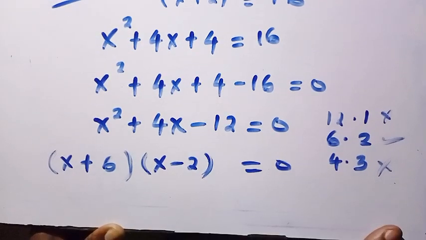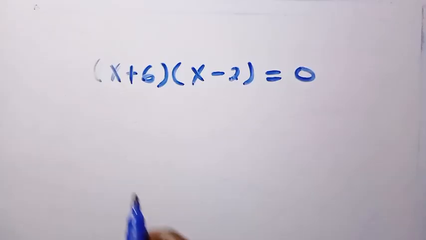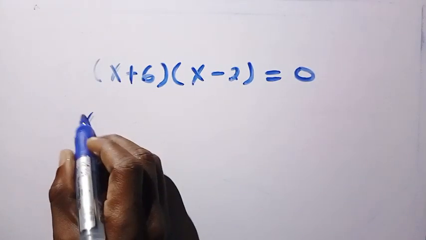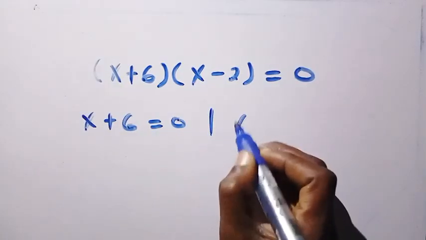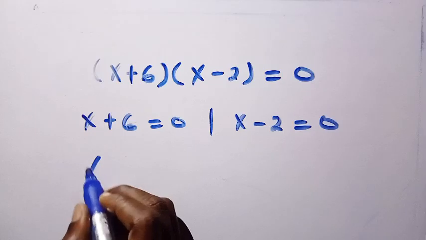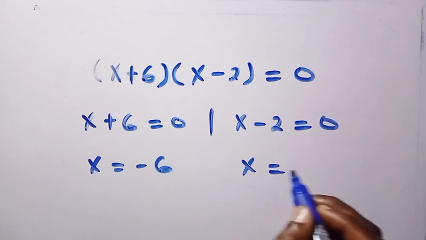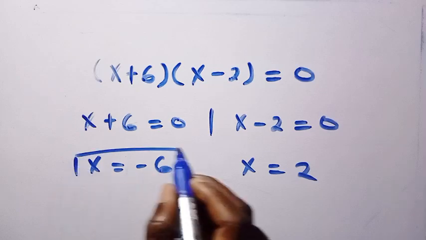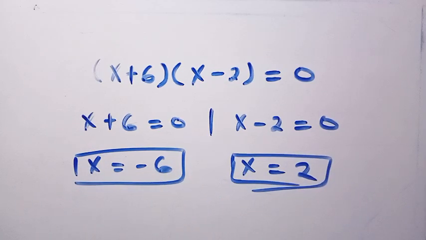By the rule of quadratics, x + 6 = 0 or x - 2 = 0. So x = -6 and x = 2. The same solution, different method.